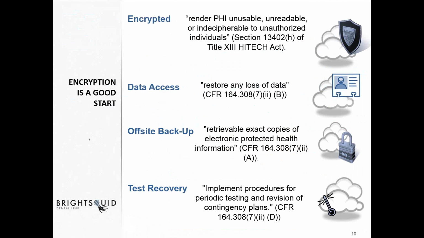It's a good first step towards HIPAA compliance. Basically, encryption takes that protected health information that could be sitting on your computer or sent by email, and it runs it through a mathematical formula that renders it unusable until someone decrypts it. So it's a very, very good first step towards HIPAA compliance.